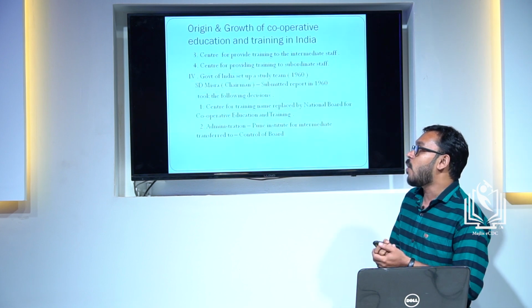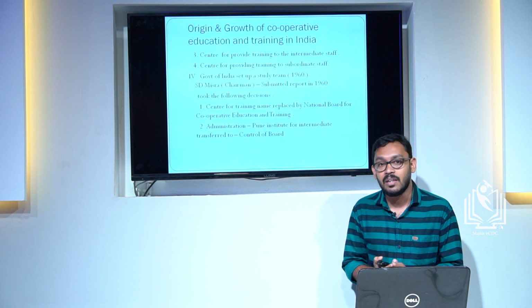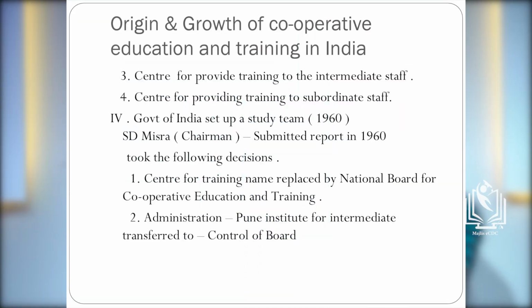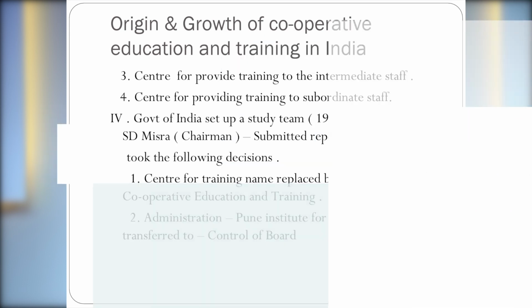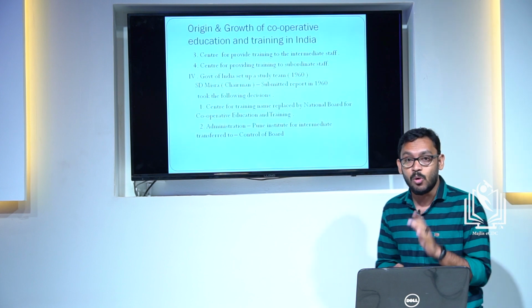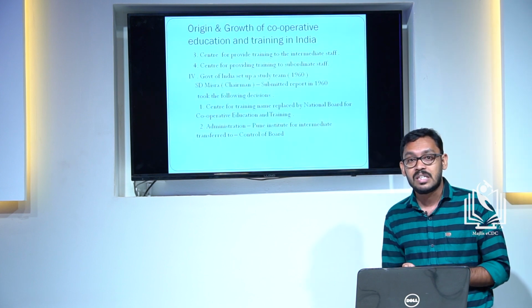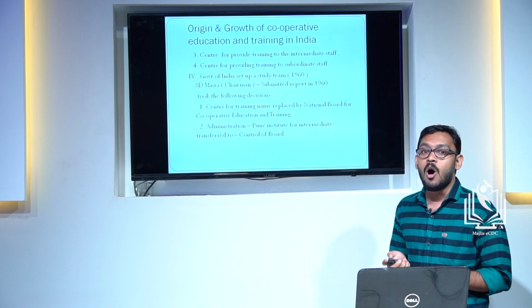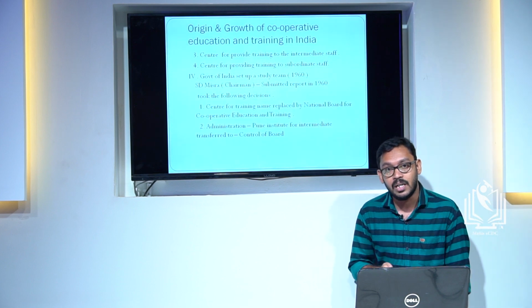The third scheme is a center for providing training to the subordinate staff. It should not only provide training to the higher level staff; they have to start a center for providing training to the intermediate staff and a center for providing training to the subordinate staff. These are the schemes recommended by the All India Rural Credit Survey Committee.